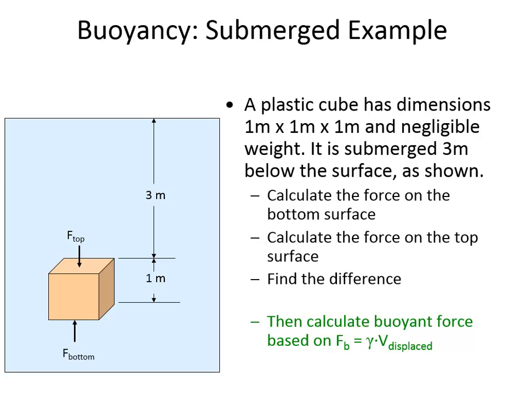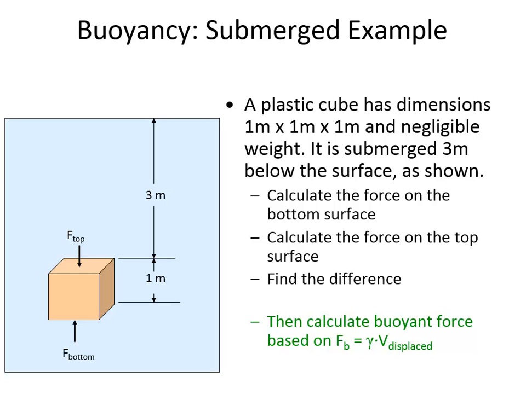The other way to calculate the buoyant force, we know that the buoyant force, F sub B, is equal to the unit weight times the volume displaced. And so how much water did that object push out of the way by its being underwater? It displaced 1 cubic meter of water. So the unit weight of water is 9810 newtons per cubic meter.